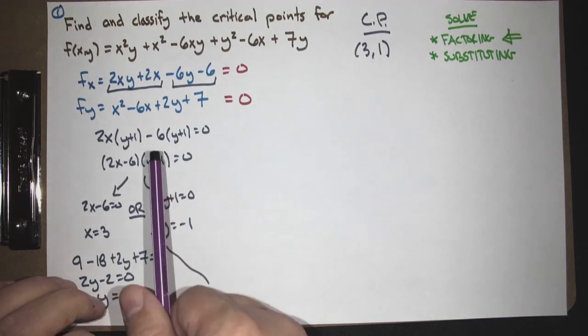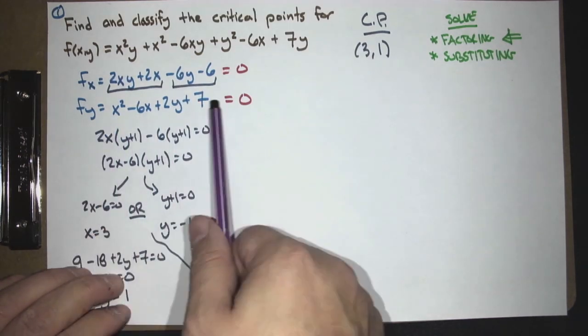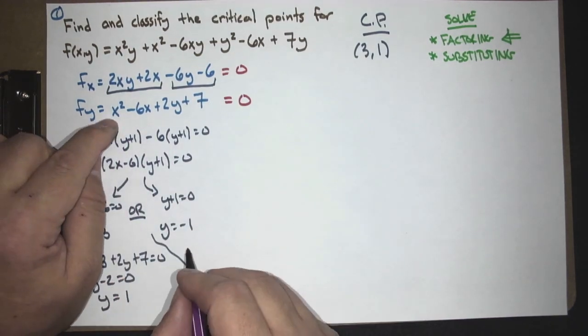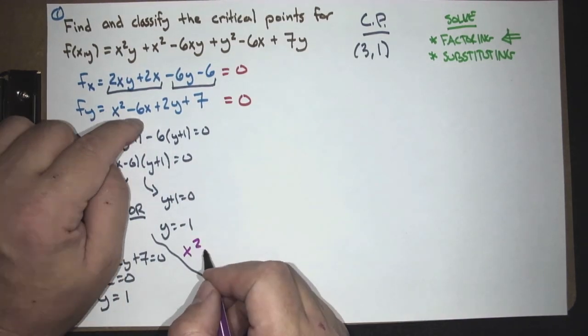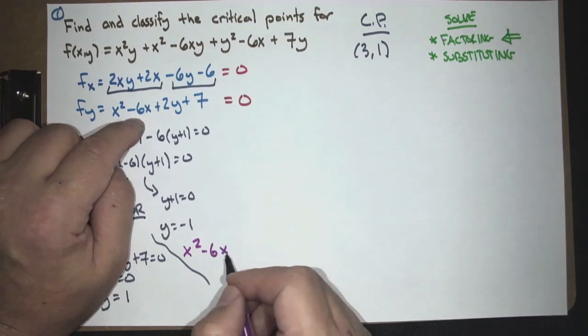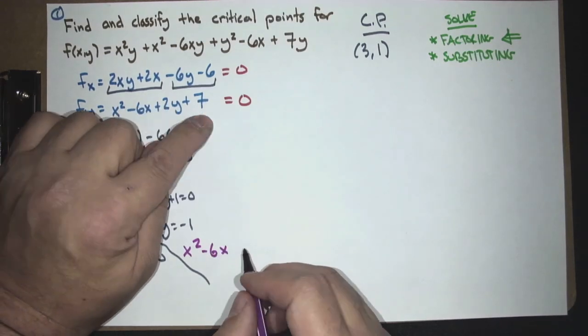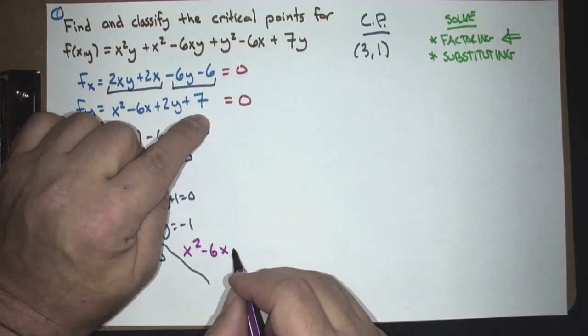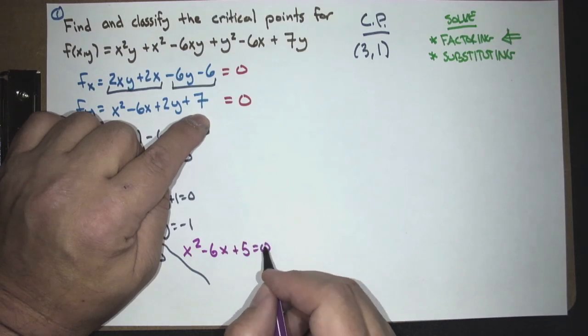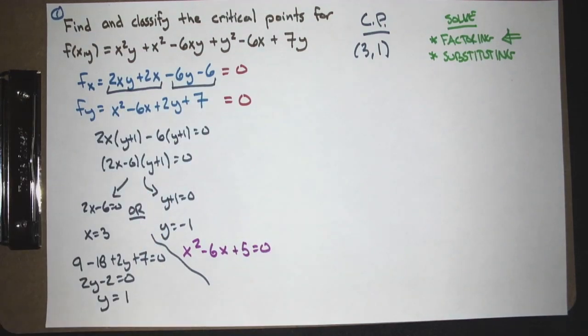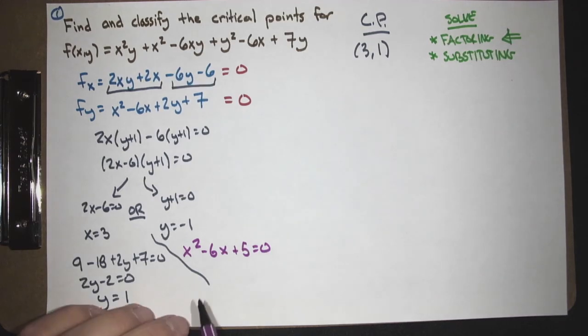Now we go into that same equation and plug in negative 1. So you get x squared minus 6x minus 2 plus 7. Minus 2 plus 7? Plus 5. Well, x squared minus 6x plus 5 equals 0. Does that factor?